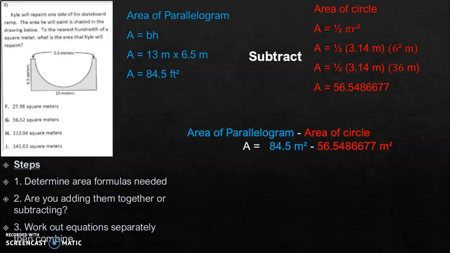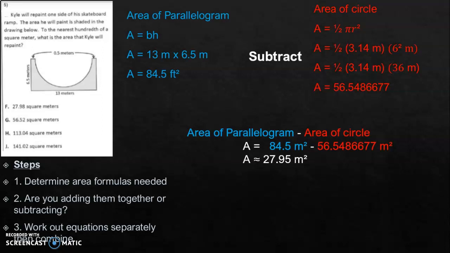Okay, now keep in mind, you're not going to get an exact answer because even in this question, it says to the nearest 100th. Okay, the 100th. That is the second decimal place after a decimal. So essentially it would be the decimal place after the 5 in each decimal. Okay, but notice 84.5 doesn't have one, so we're just going to pretend it's a 0. So 84.50. Okay, so we subtract, and you're going to get approximately 27.95.